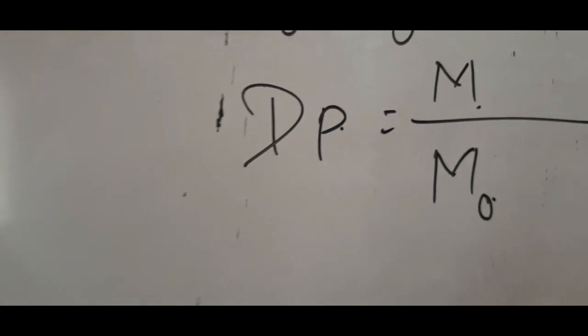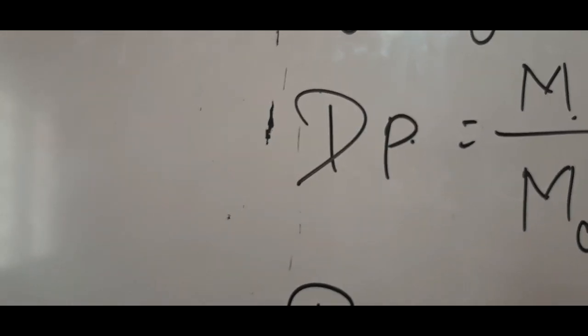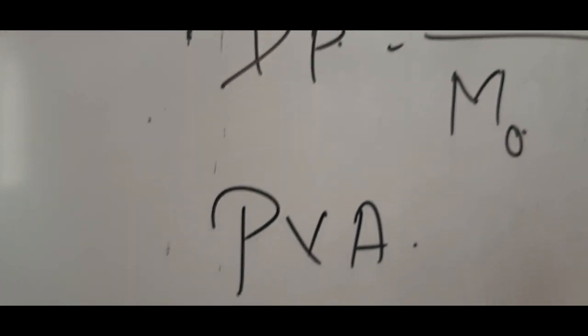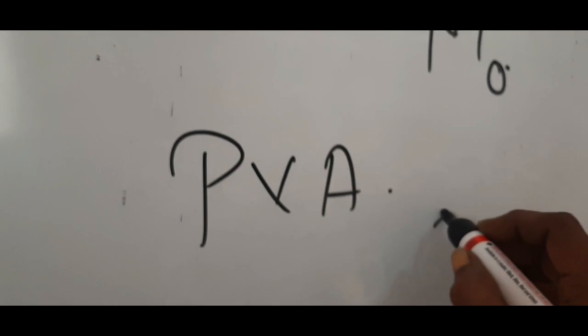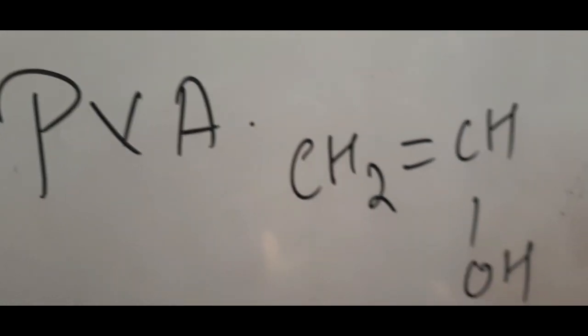Here we have taken polyvinyl alcohol, right? So the monomer is vinyl alcohol, that is CH₂=CHOH. Its molecular weight is 44.